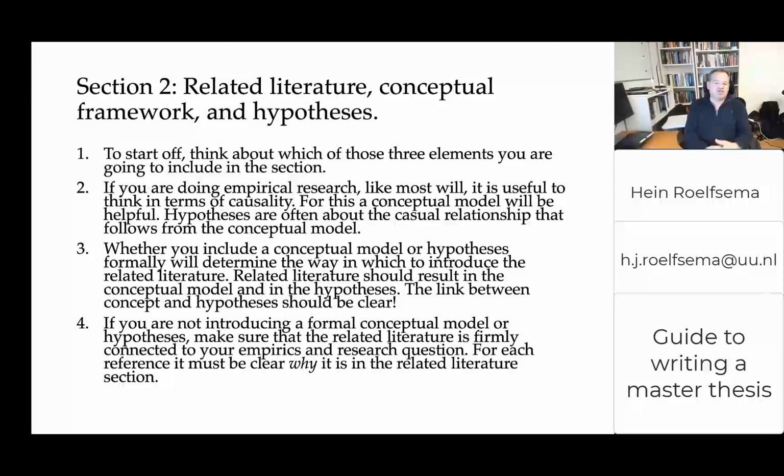So my 4th thing is, if you don't make a formal conceptual model or formal hypothesis, although of course you have a research question, but not a hypothesis like hypothesis 1, then make sure that your related literature is actually firmly connected to your empirics and the research question. So with every reference that you put into a related literature, there should be a clear connection to why that reference is important for what you're doing.